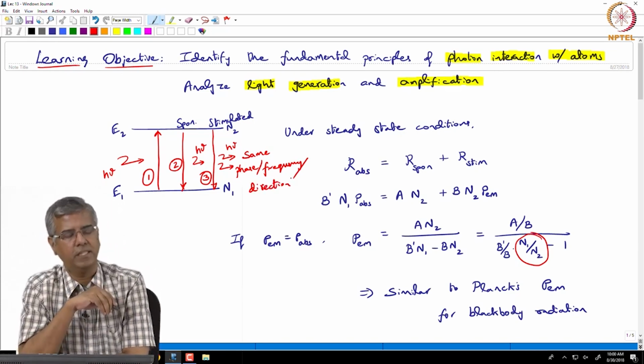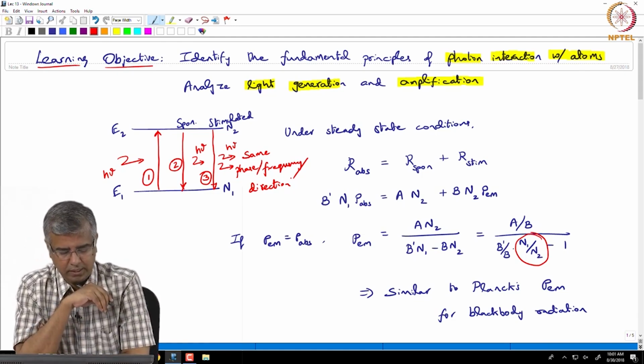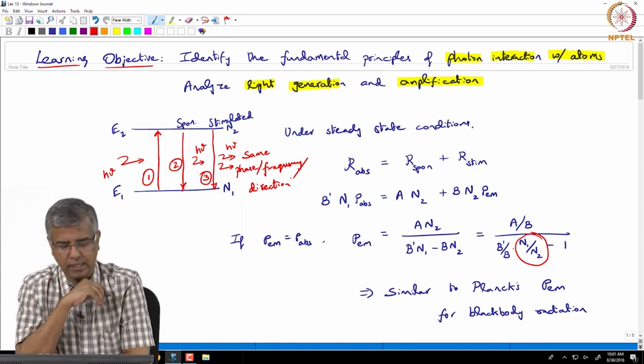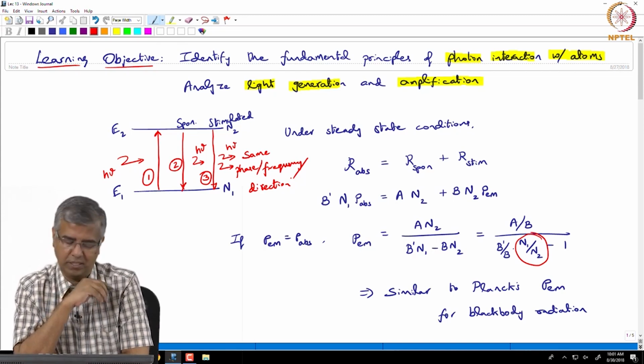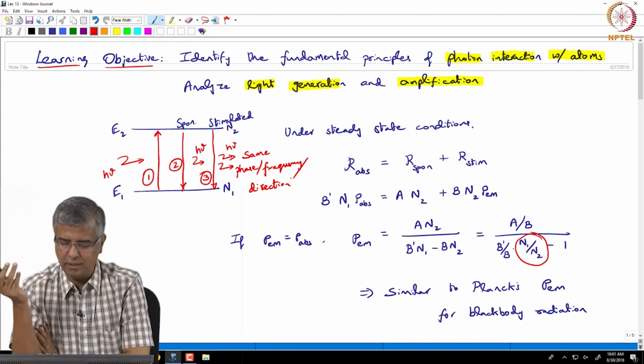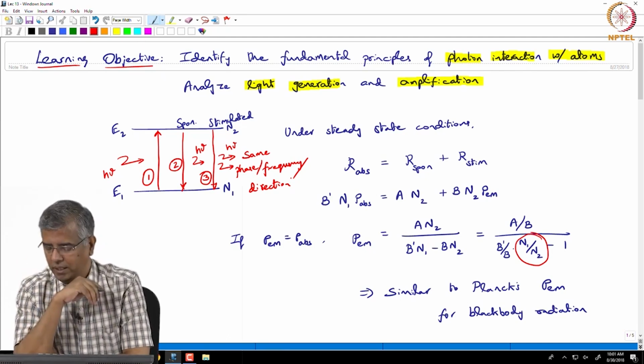So, you are essentially having a process that is known as amplification. So, essentially stimulated emission is a key process for amplification.